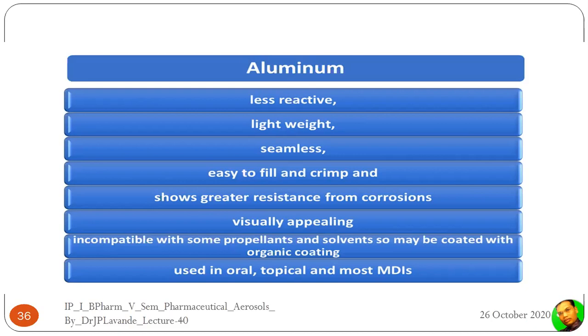Aluminum will not undergo corrosion by the effect of atmospheric oxygen. Then these are visually appealing. These are incompatible with some propellants, like solvents, that may be coated with organic coatings, and these are going to be used in oral, topical, and most of the metered dose inhaler systems.